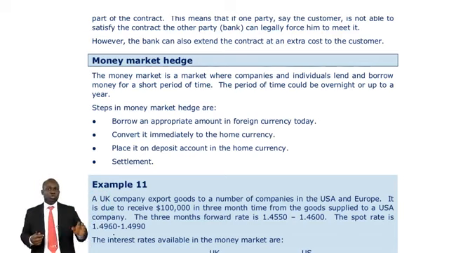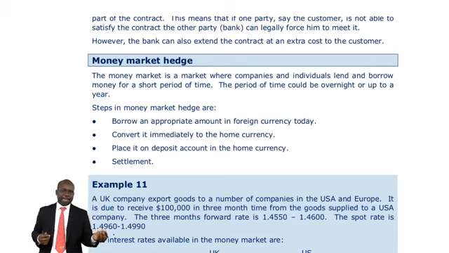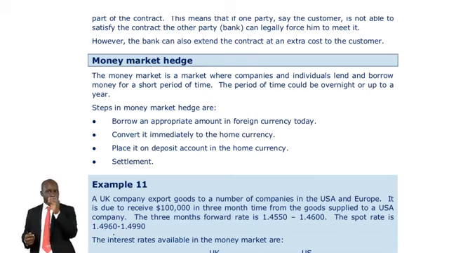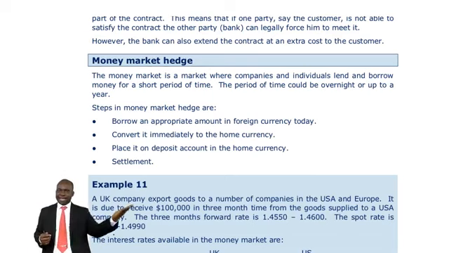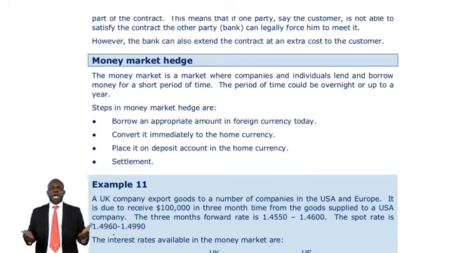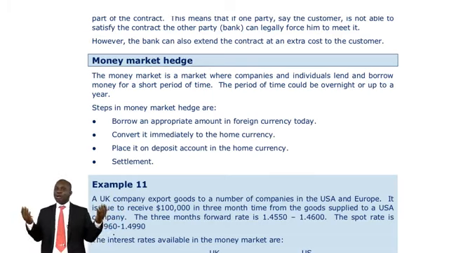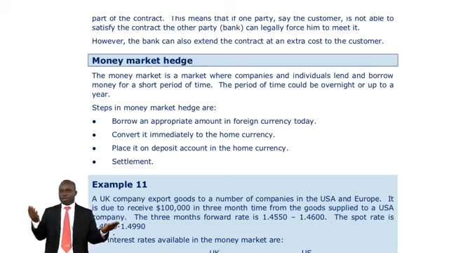So if I have to receive money, then I will say that, okay, if I'm receiving money, then the opposite of me receiving money is by creating what? Payment. So when I have to receive money, I will go and borrow money against the money I am going to receive. How much should I borrow? I do not have to borrow exactly the amount I am receiving, because the common sense is when you borrow, you would have to pay what? Interest.